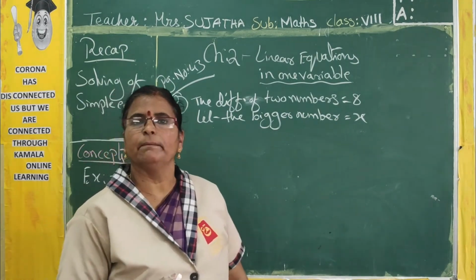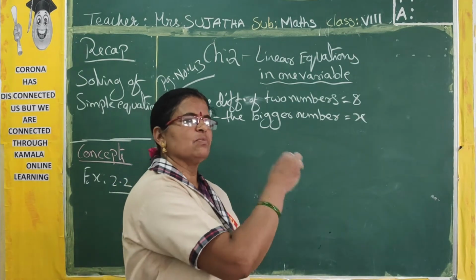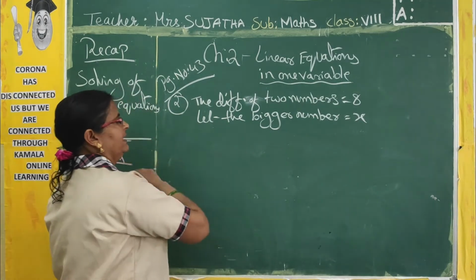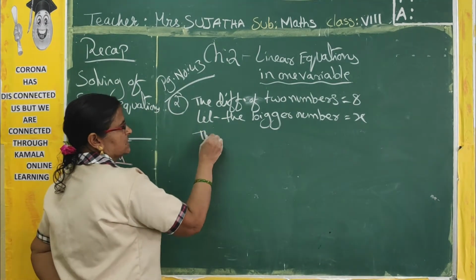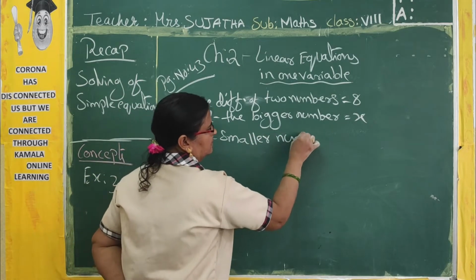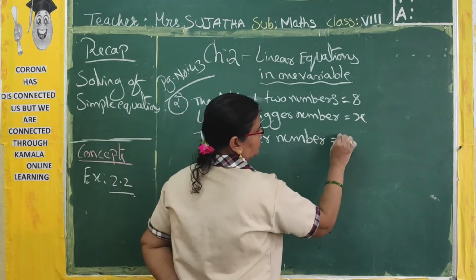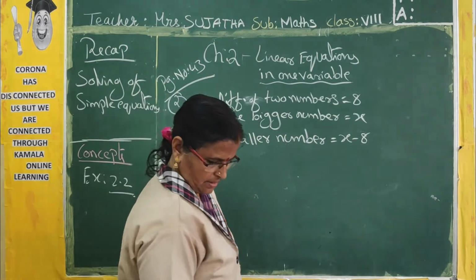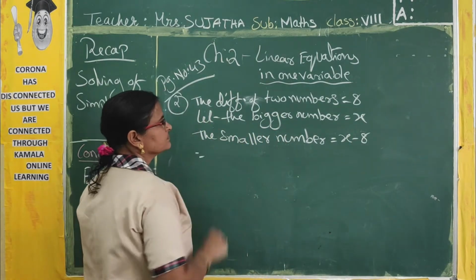So, what is the smaller number? x minus 8 will be the smaller number. So, the smaller number is equal to x minus 8.